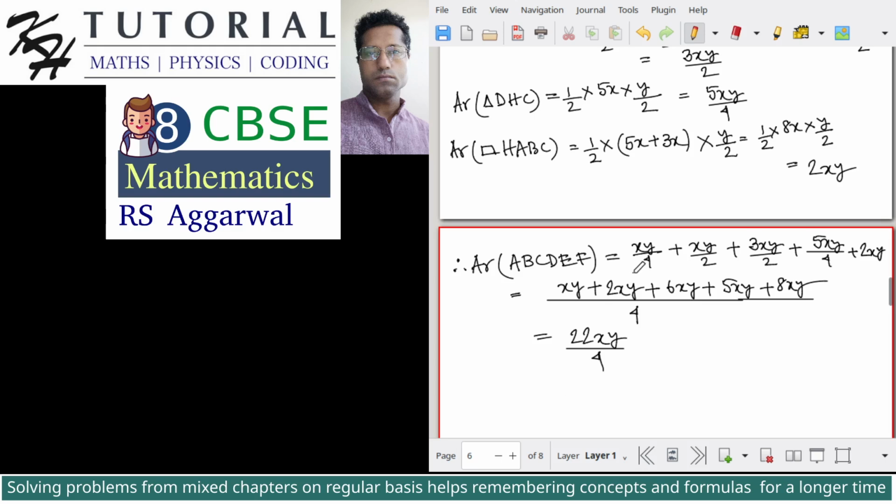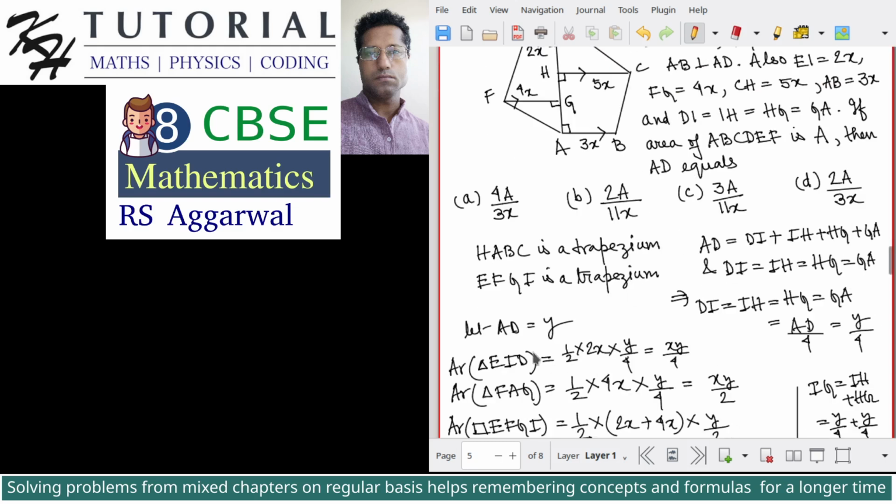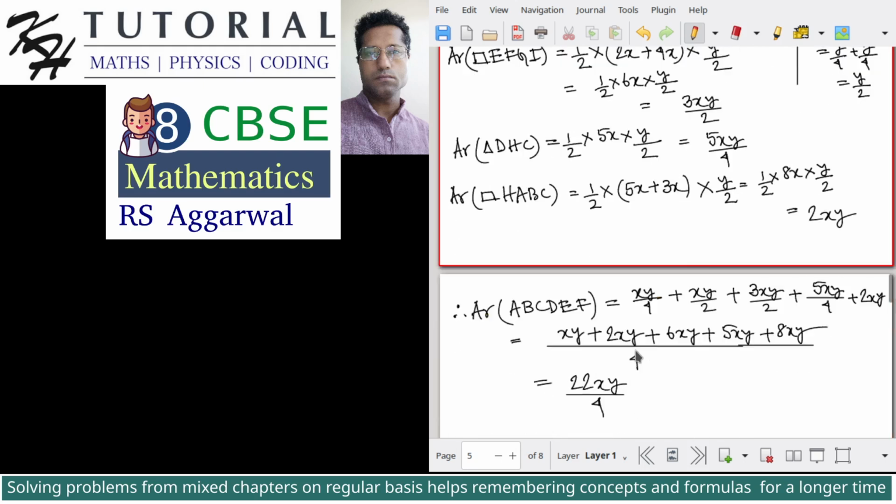And what we have to find? We have to find AD. We have assumed the length of the diagonal AD is y, and it is given that the area of the whole figure ABCDEF is A. So we have to find y. Okay.